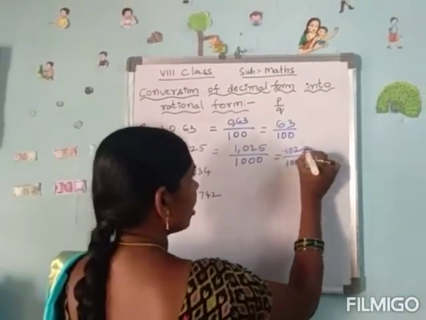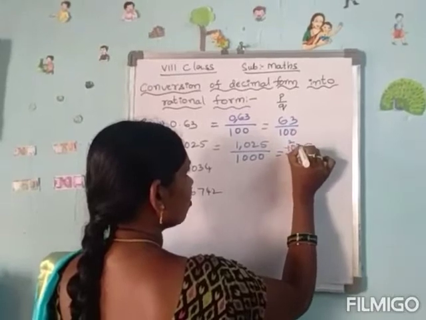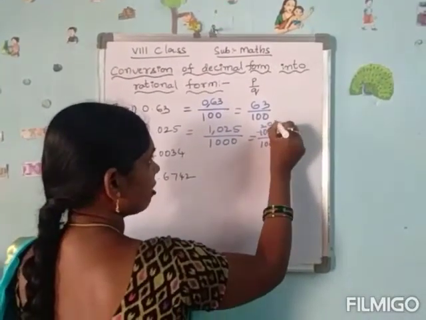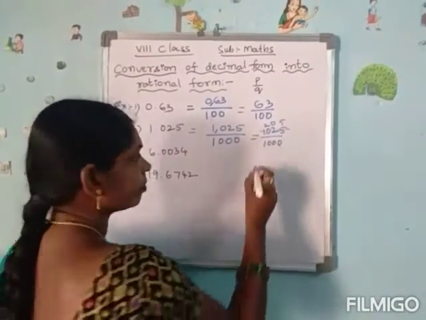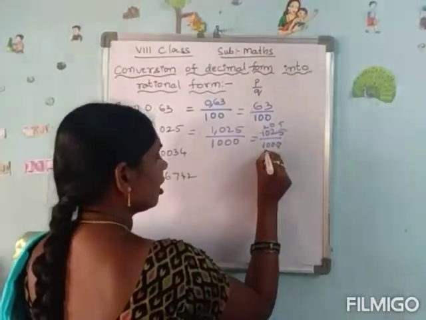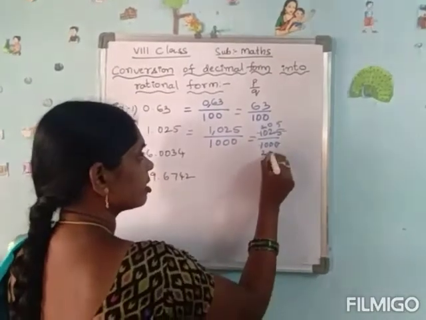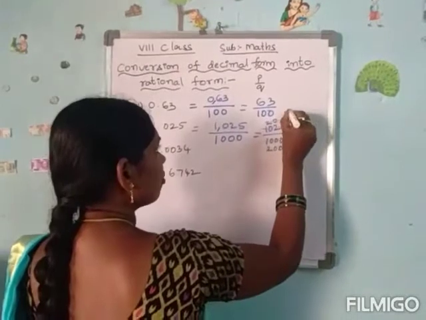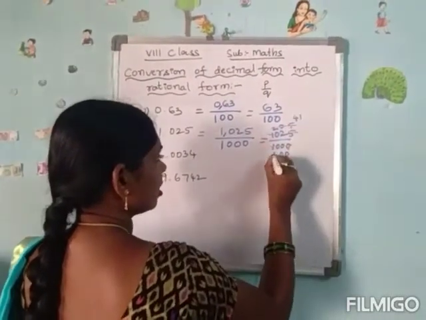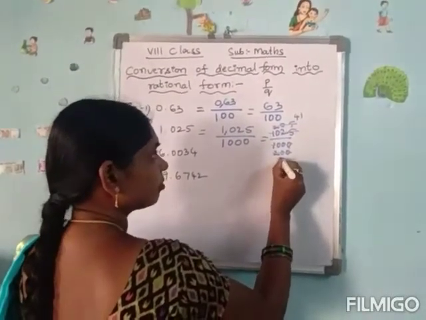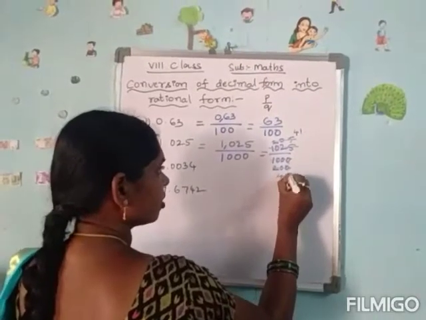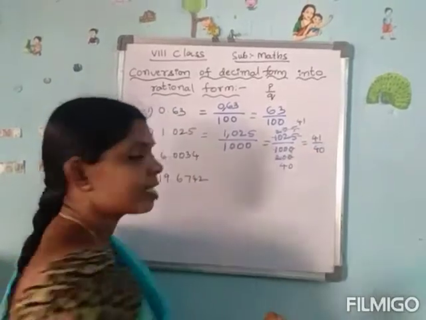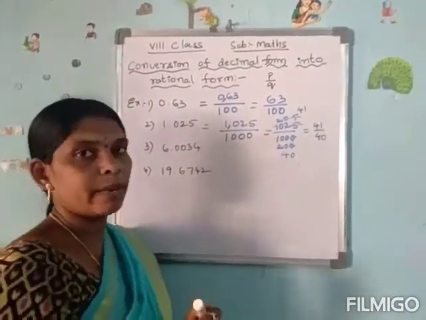Write it. 5 twos are 10, 5 zeros are 0. Again 5 fives are 25, 5 twos are 10. Next 5 fours are 20, 5 ones. Here 5 fours are 20. So at last we got 41 by 40. This is the simplest form, which is in the form of P by Q.